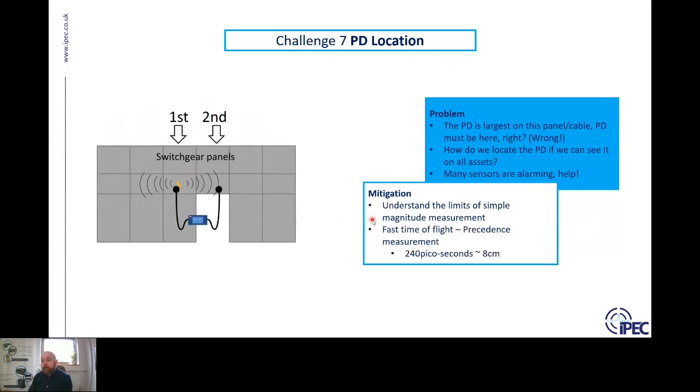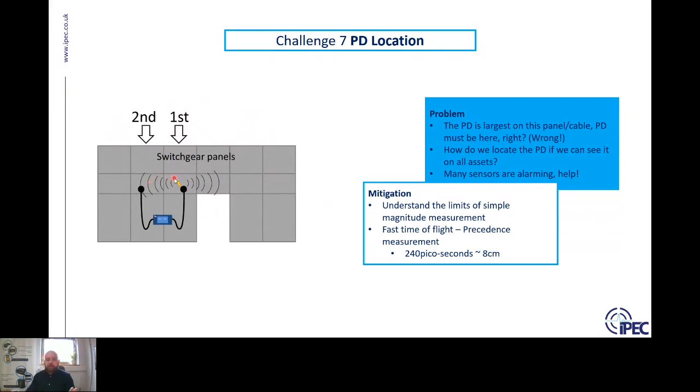On switchgear, the only way online is to use time of flight, precedence measurement. And by precedence measurement, if, for example, the PD is coming from the switchgear, and it's a simplified diagram, using one sensor, the other sensor, the system will automatically tell you this sensor detected it first, this sensor detected it second. If you moved across, you would say this sensor detected first, this sensor detected second.